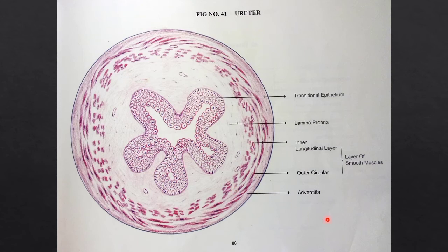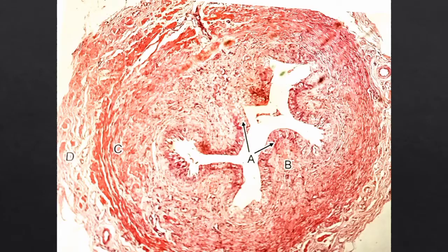That is the main identification of the ureter. This is how we can identify the ureter: star-shaped lumen, and the epithelium called urothelium or transitional epithelium. Inner circular and outer longitudinal muscle coat you can identify.